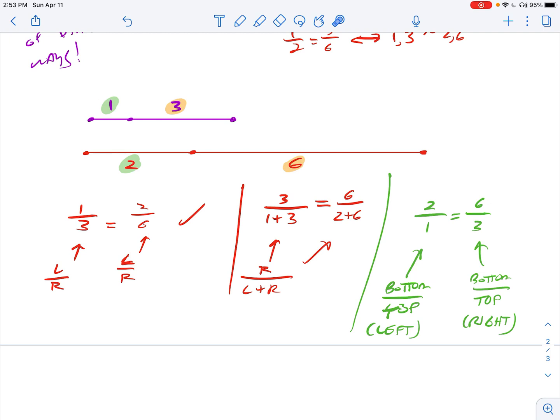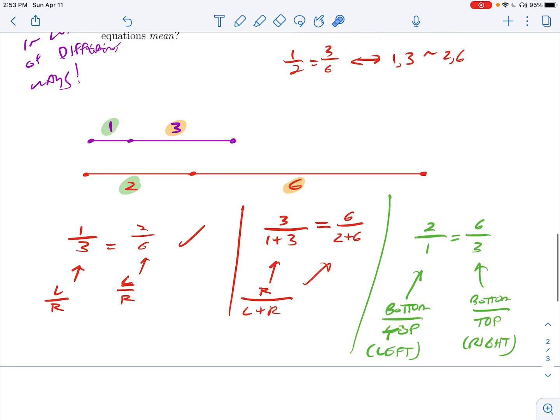But there are a lot of different relations. Right compared to left, bottom compared to top, left compared to total of left and right, top compared to total of top and bottom. There are a bunch of ways to express this, and you'll always get equal fractions given that we had some version of proportionality in the first place.